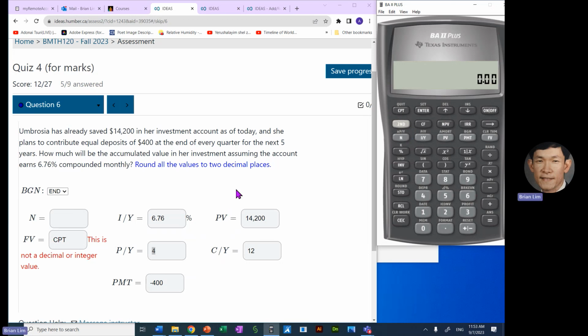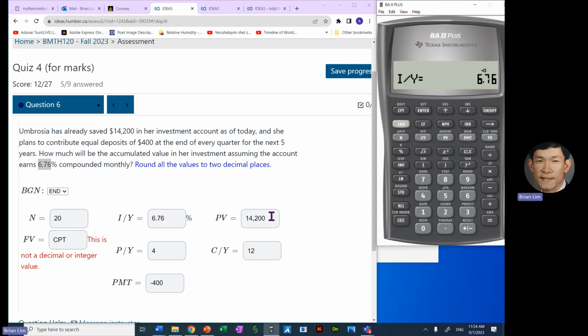Next is N. So how many years? Well, it's the next 5 years. So we take the 5, we go second N. So N turns out to be 20. All right, what is next to be entered? The interest is 6.76, and that is IY.